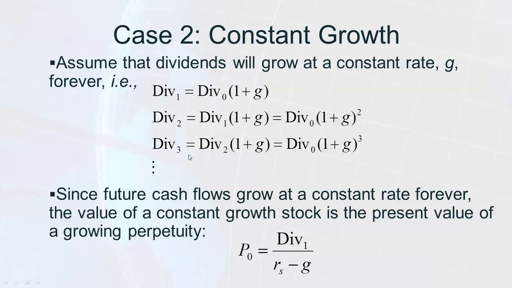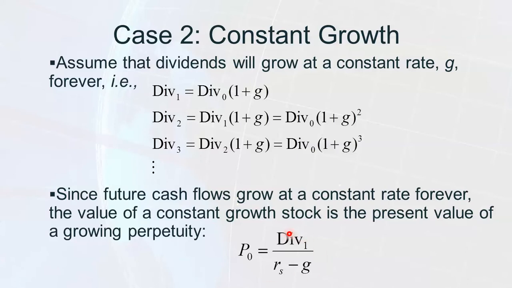Since future cash flows grow at a constant rate forever, the value of a constant growth stock is the present value of a growing perpetuity. So we are using the present value of growing perpetuity formula.